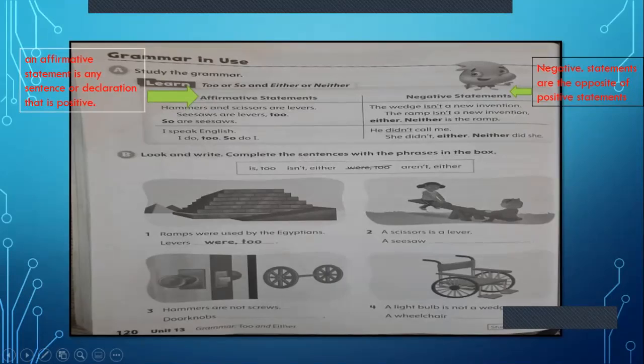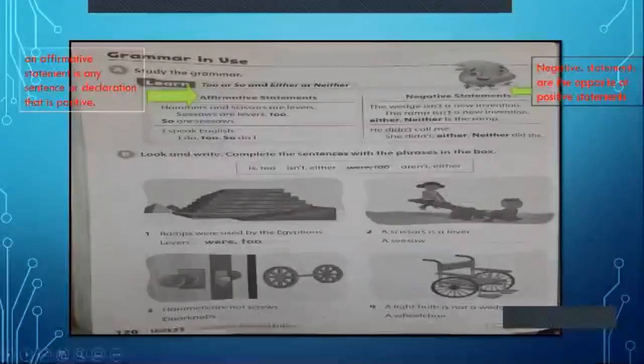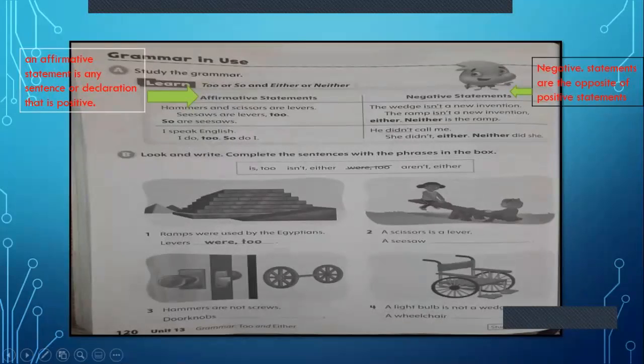So, hammers and scissors are levers, so are seesaws. So will come at the start and the subject you're talking about will come at the end. We're talking about seesaws in the second sentence, so we say so are seesaws. I'll explain a bit more with the help of a video as well, so you'll be clearer about it, okay?